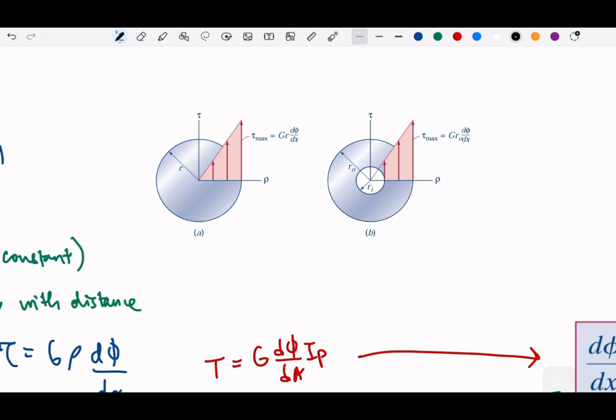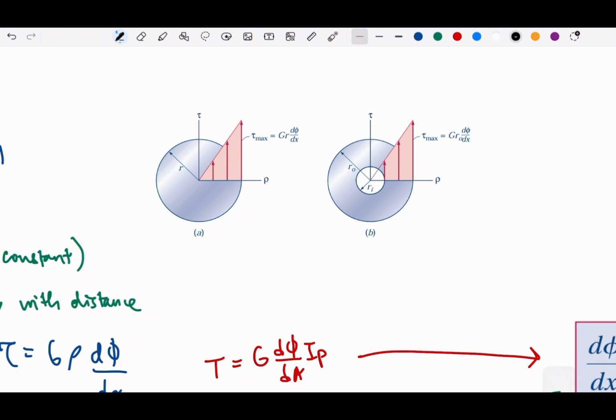So basically, what you need to think first in torsion is the polar inertia, and the polar inertia will always be in between those formulations, either solid or having a hollow. And then we can take the tau formulation for the torsion formula.